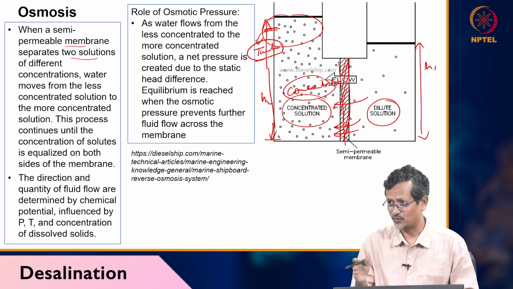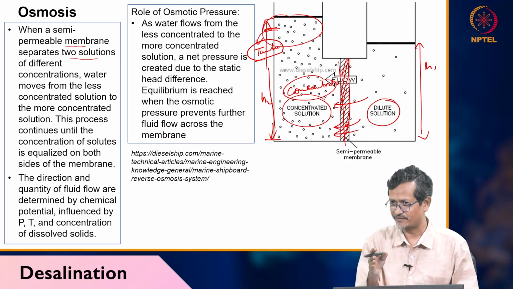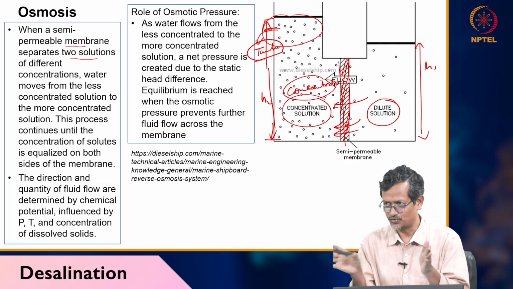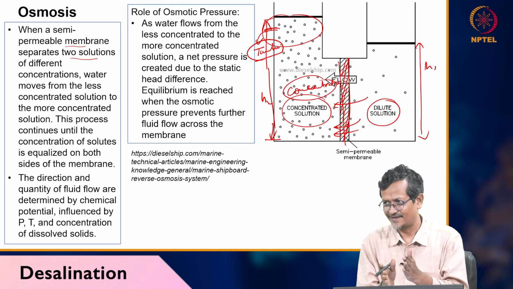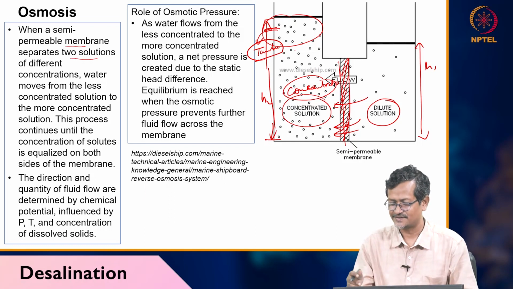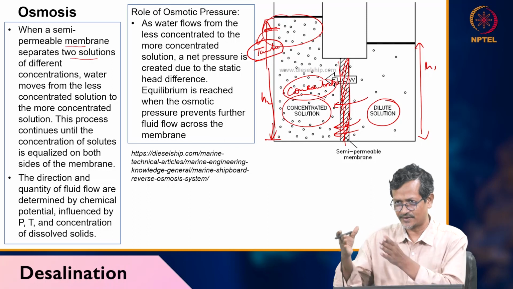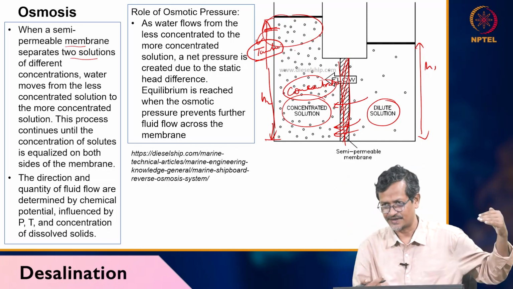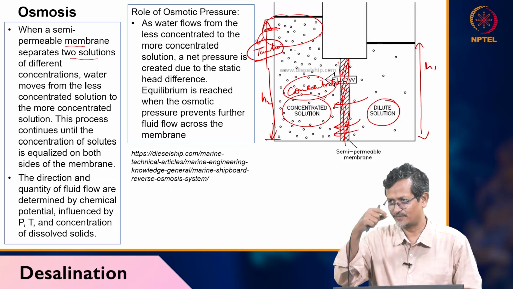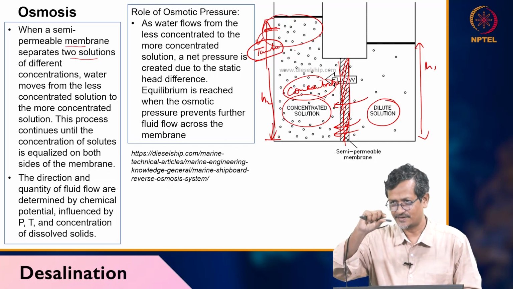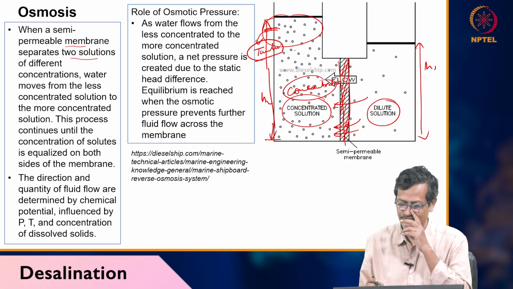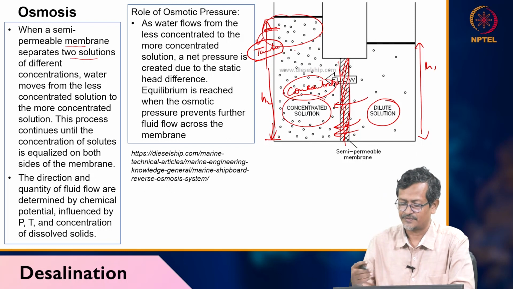River water has low salt concentration, seawater has high salt concentration. When river is meeting ocean, you put one membrane and create a structure like this, so that the seawater side level will increase and the river side water level will be lower. When you get the higher level, you put that water through one pipe and one turbine, and you get electricity. People are trying to develop that technology from seawater to energy.